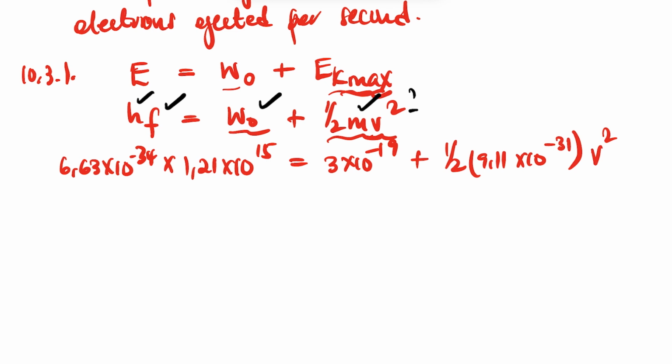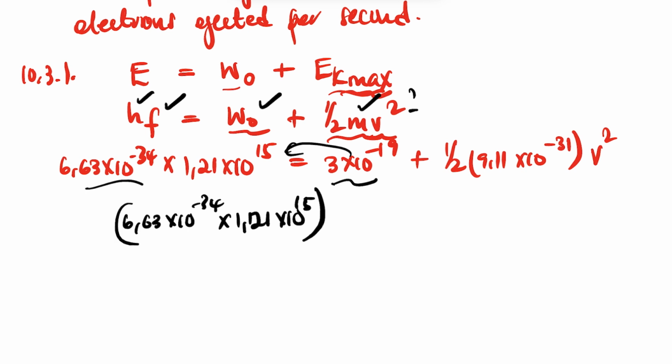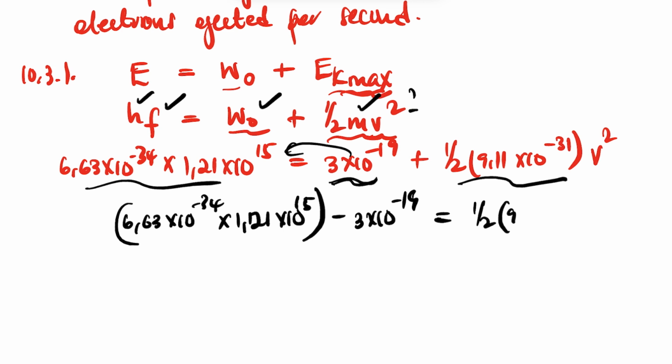Mathematically, you take this to this side. So it's going to be 6.63 times 10 to the power negative 34 times 1.21 times 10 to the power 15, and then you minus this: you take 3 times 10 to the power negative 19 to that side. It equals half times 9.11 times 10 to the power negative 31, and then we have v squared.